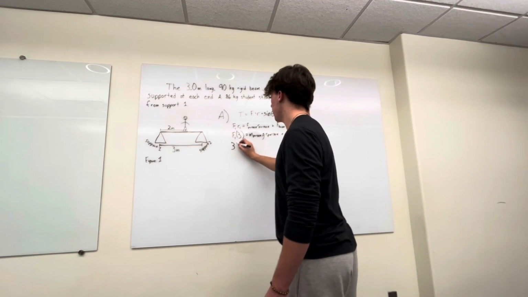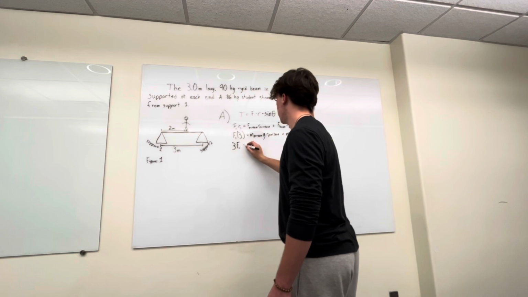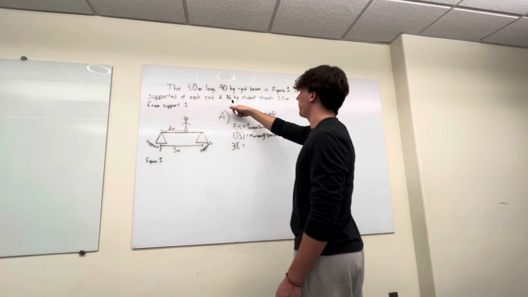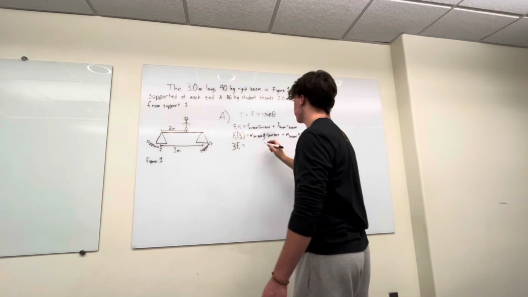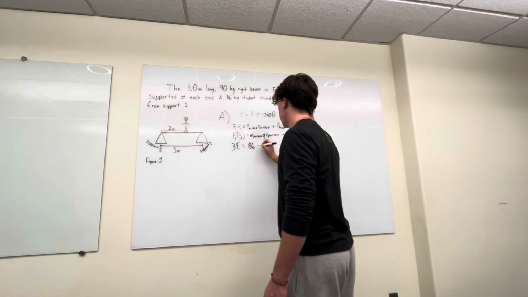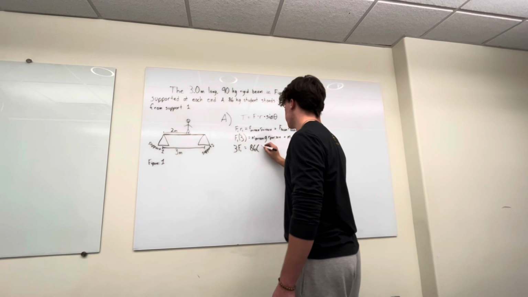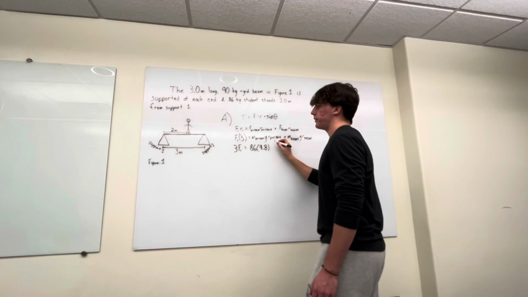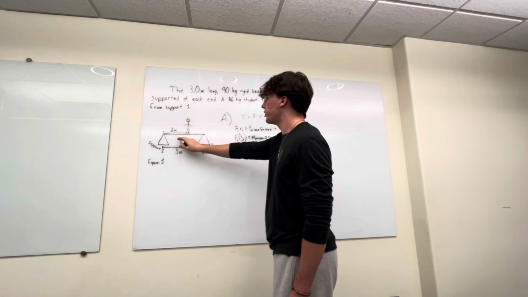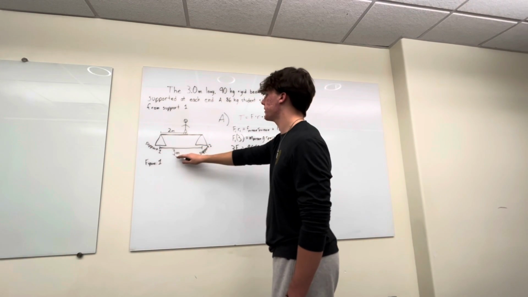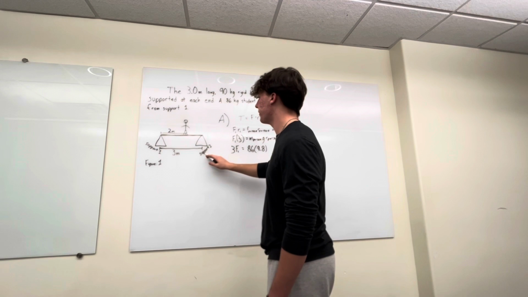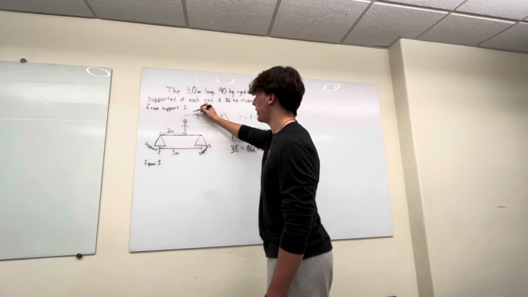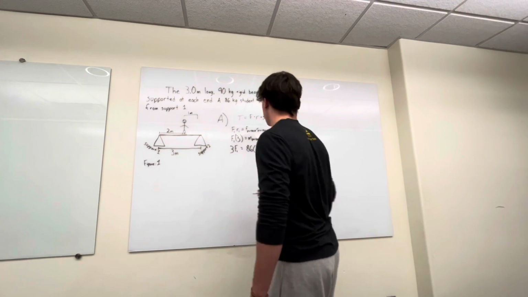So 3 times force 1 equals the mass of the person. We have 86 kilograms. So 86 times the gravitational constant, 9.8. Radius of the person: they are 2 meters from support 1, and since support 1 is 3 from support 2, we know that the radius right here is going to be 1 meter.